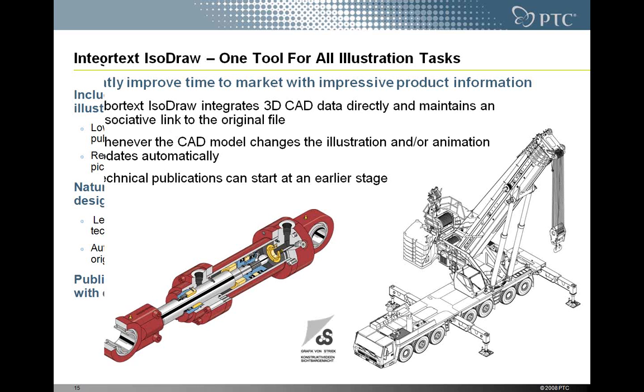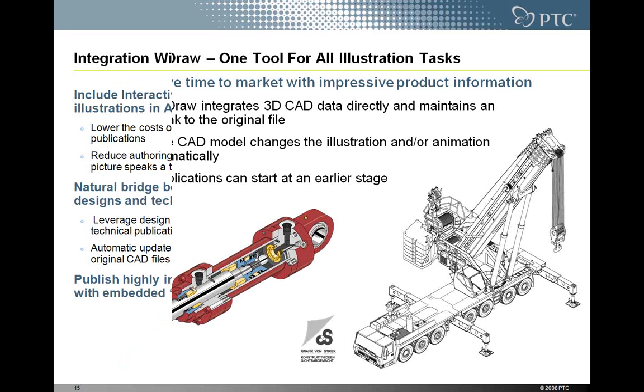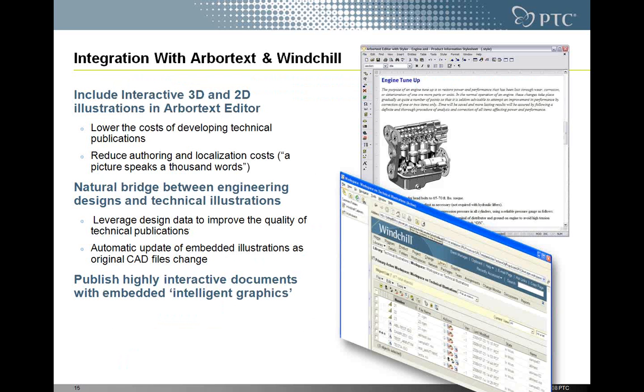We looked briefly at our integration between Arbortext, Windchill, and IsoDraw. Pretty fantastic there in handling the associativity all the way from design through technical illustration out to authoring and publishing.